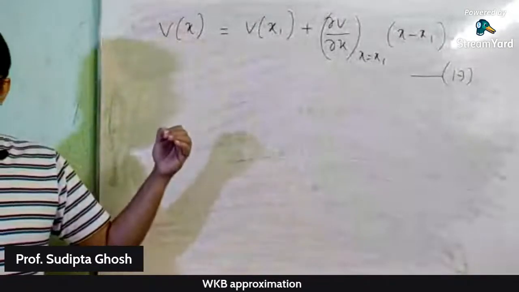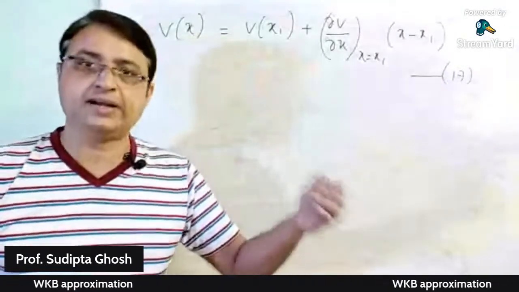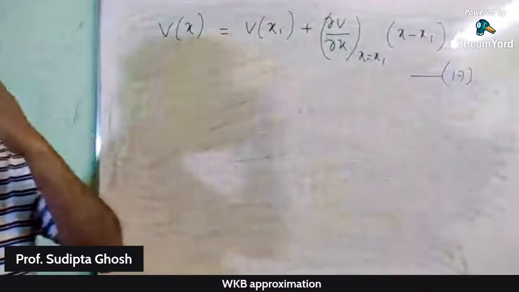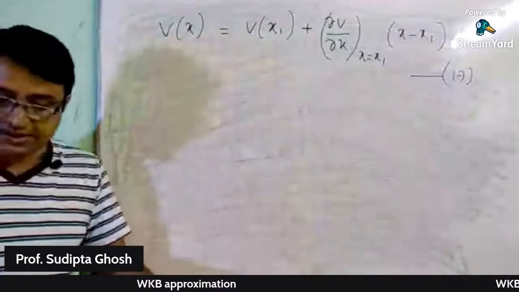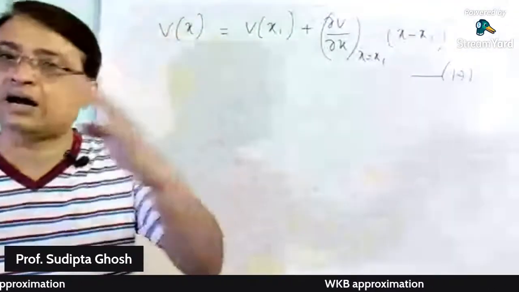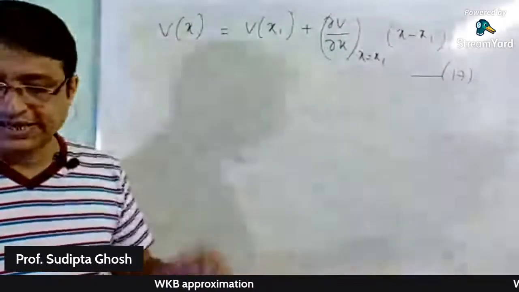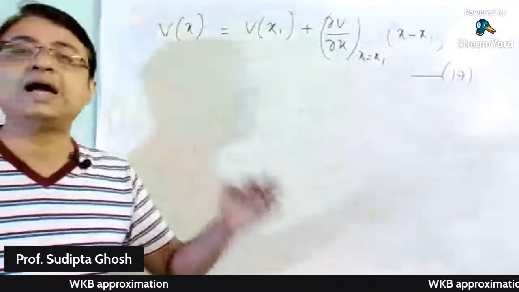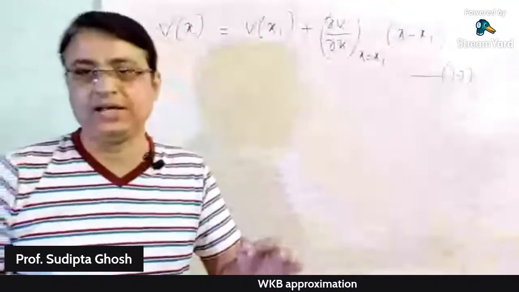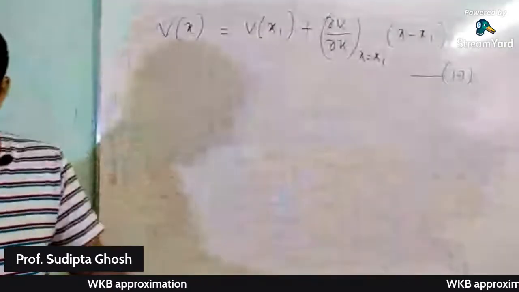So that potential V(x) can be expanded in a Taylor series, and this assumption amounts to approximating the potential by a straight line. So a curved potential is actually approximated as a straight line. Now at x equals x1, the potential V(x1) is equal to E.